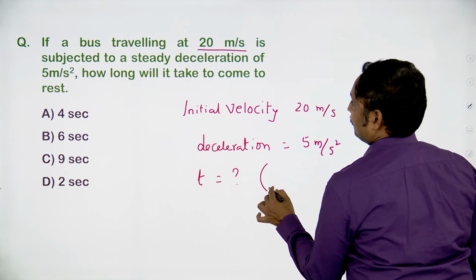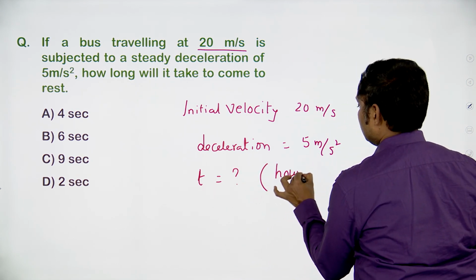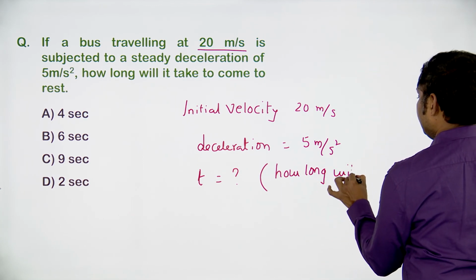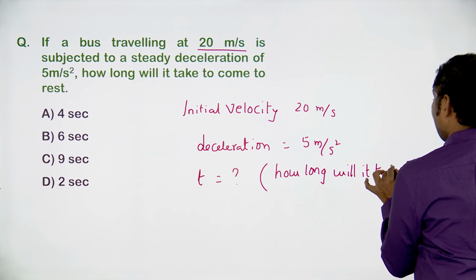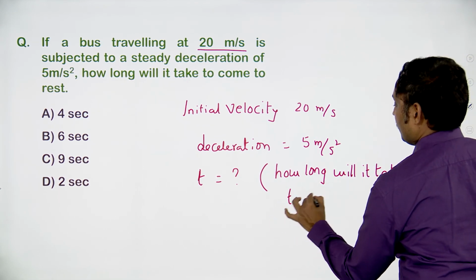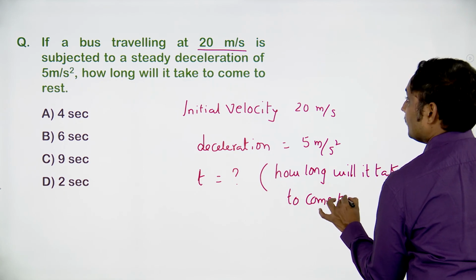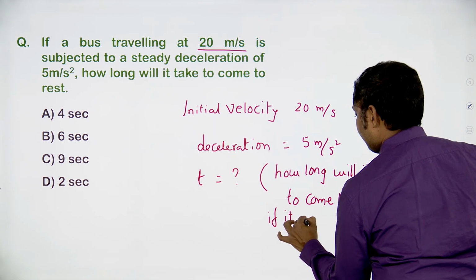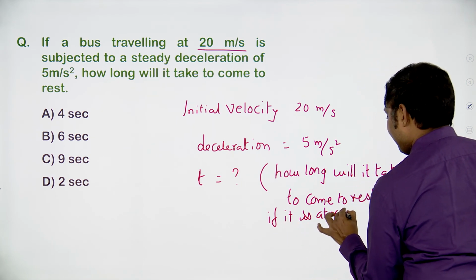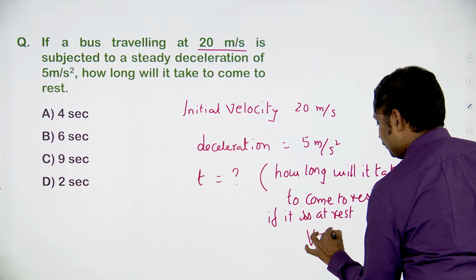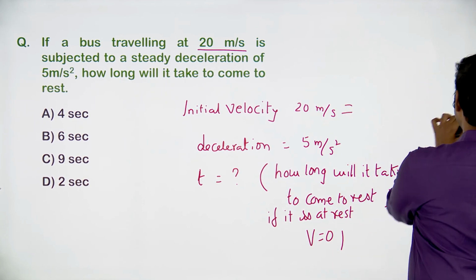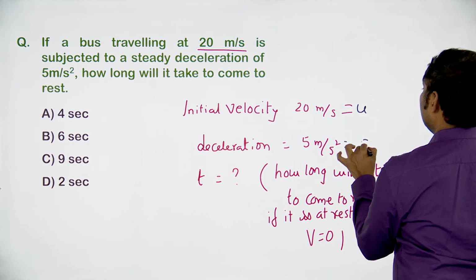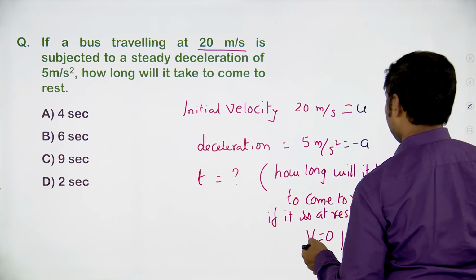How long will it take to come to rest? If it is at rest, we have to consider V is equal to 0. This is U, the initial velocity. This is going to be minus A. Just take that.